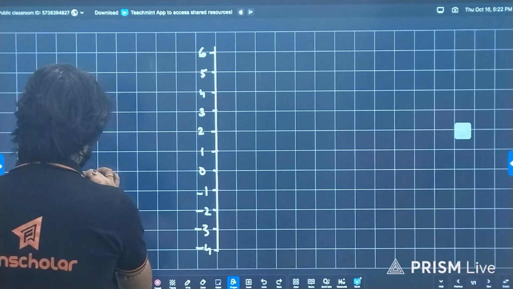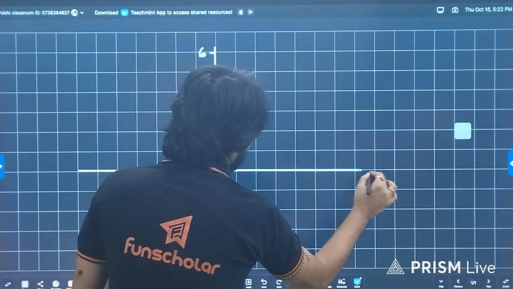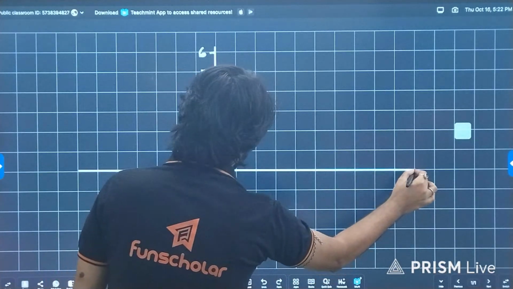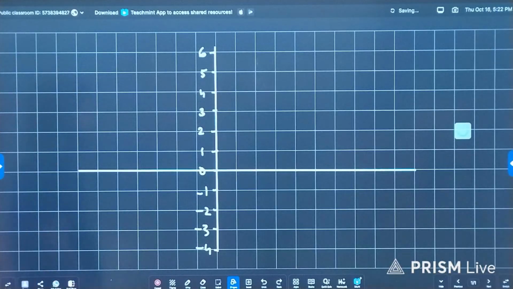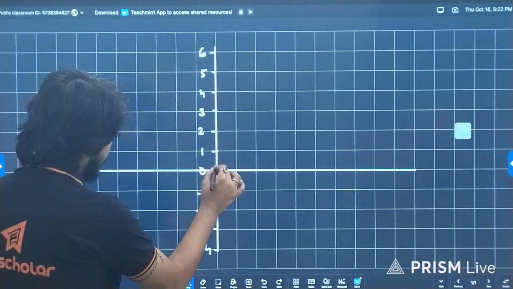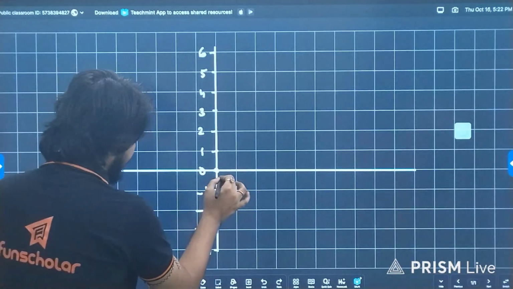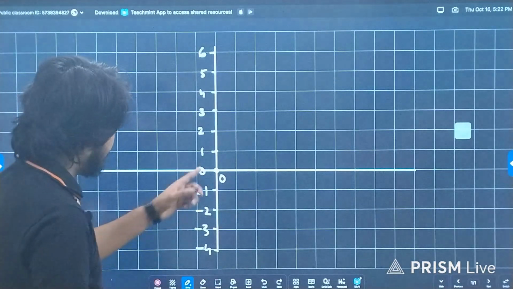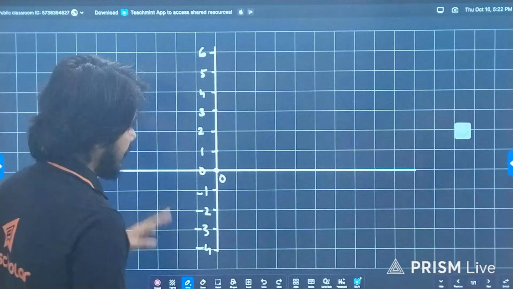This is the horizontal line. Okay, this is the horizontal line. To make this intersection 0 comma 0, you need to put 0 at this point.